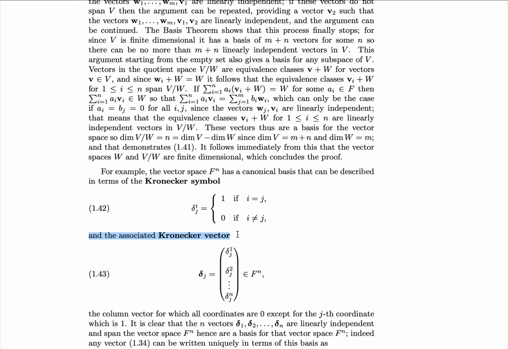And use this to generate the Kronecker delta vector, which is delta_j, which is simply delta_1j all the way up to delta_nj, which is clearly an element of F^n, because you're going to have 1 and 0 in your field, and therefore having a string of these is clearly an element in the set of all n-tuples of elements of your field.